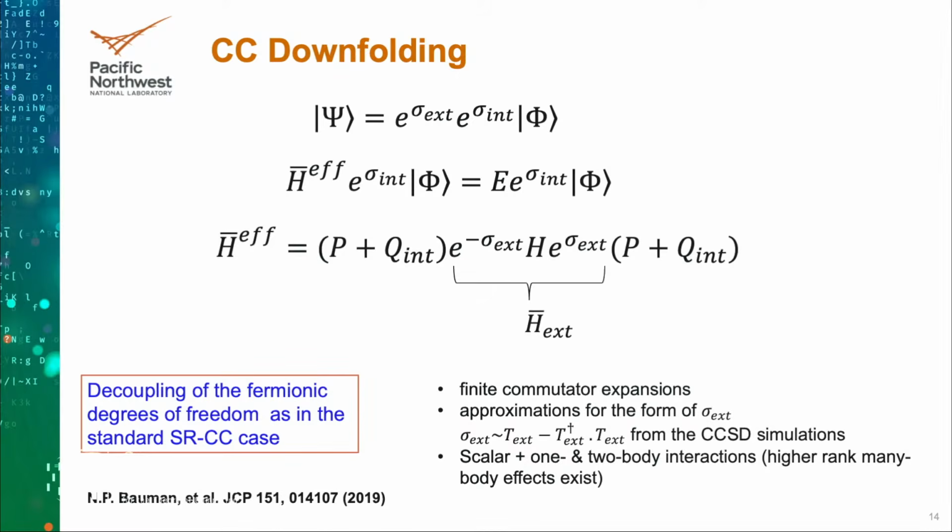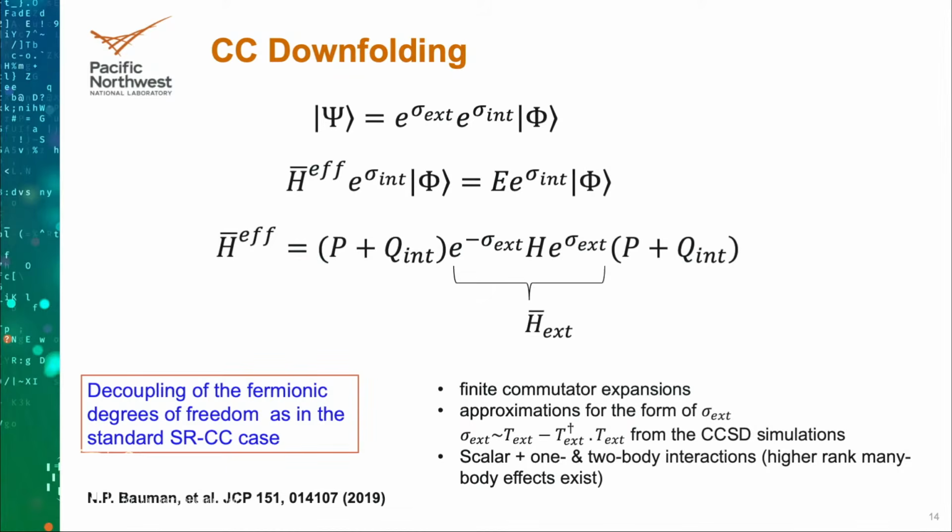So this ansatz can be exact, assuming that all instances of using the Campbell-Baker-Hausdorff theorem produce a converging many-body expansion. If this is the case, we can very simply derive the effective Hamiltonian, which is Hermitian in this case, but has a very similar structure as for the non-Hermitian case.